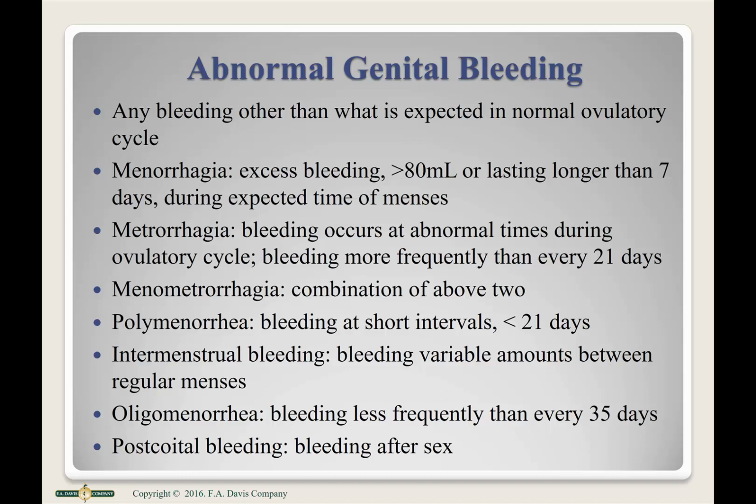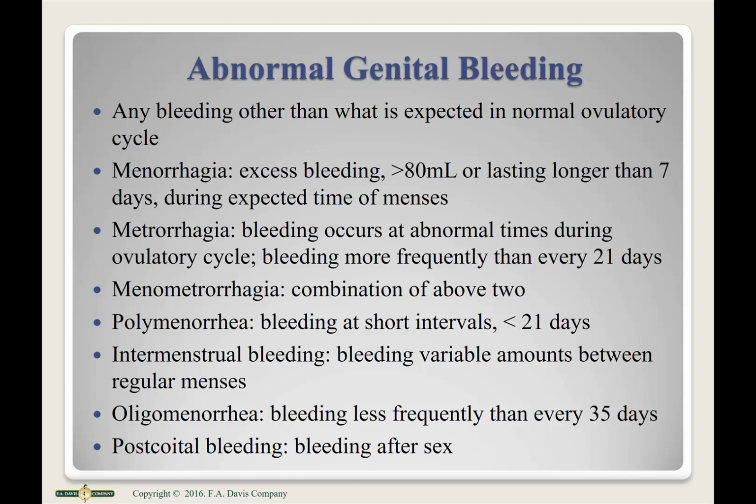So these other ones are abnormal bleeding: the polymenorrhea and the intermenstrual bleeding. These are all related to abnormal bleeding within the menstrual cycle, or at abnormal times.